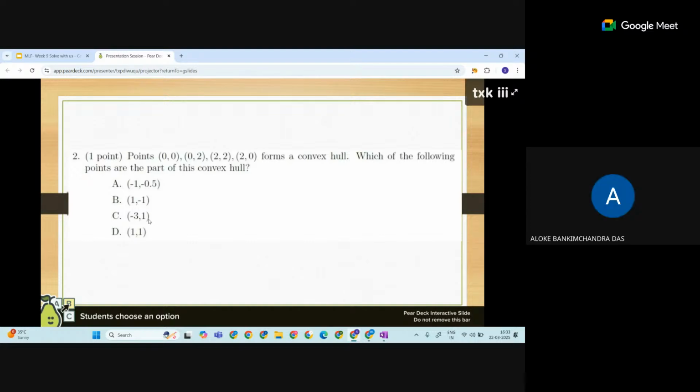The fourth point actually falls inside it. So looking at that, we can also decide. That will not be the convex set. Because this is a closed boundary, if you take 3 points, they're outside the boundary.